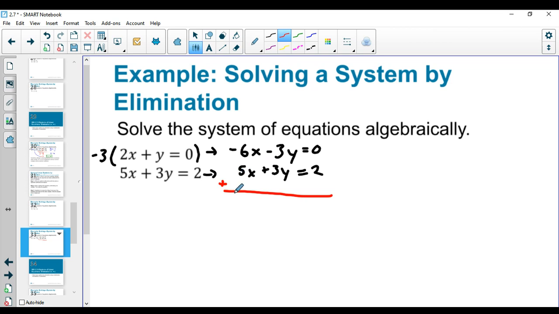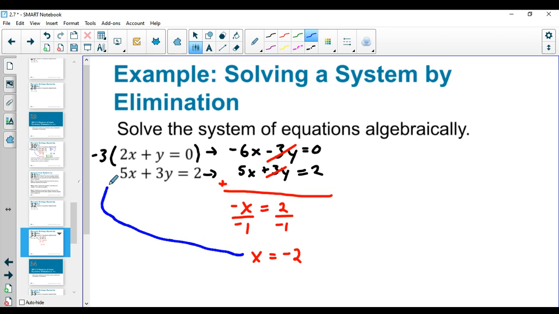-6x plus 5x is going to be -1x or -x. Minus 3y plus 3y cancels. 0 plus 2 is just 2. And then to solve, we just divide by -1. We get x equals -2. All right, that's only part of it. We need to plug it back into one of the top 2 equations. I'm going to pick the top one. It looks easier.